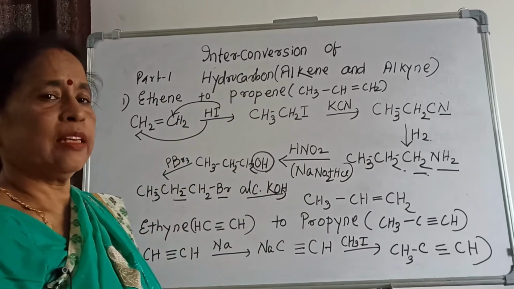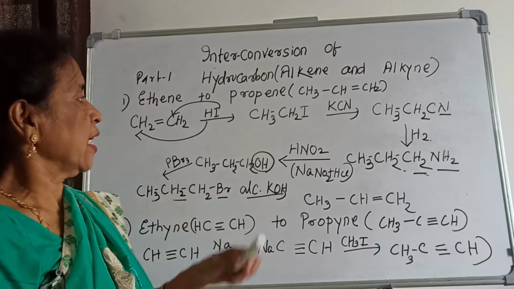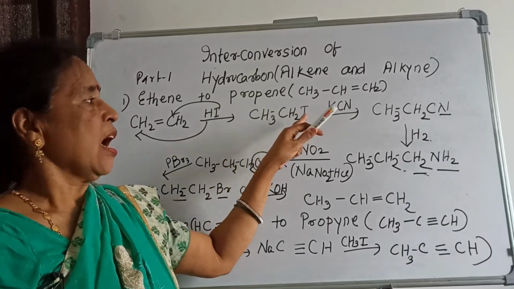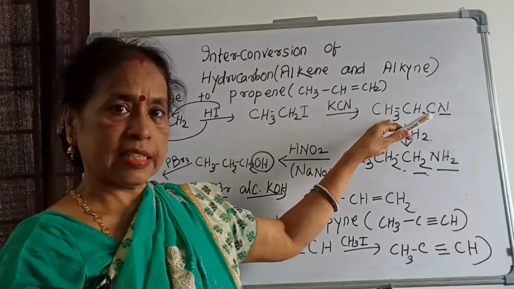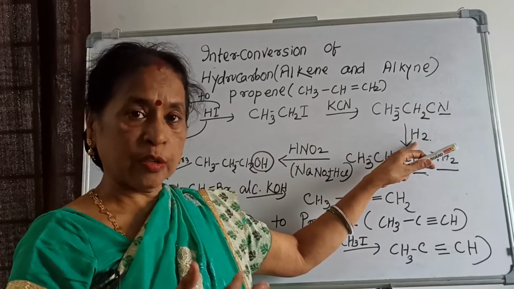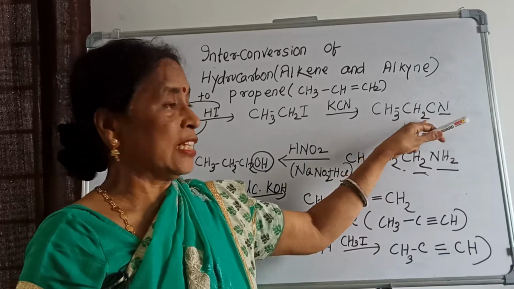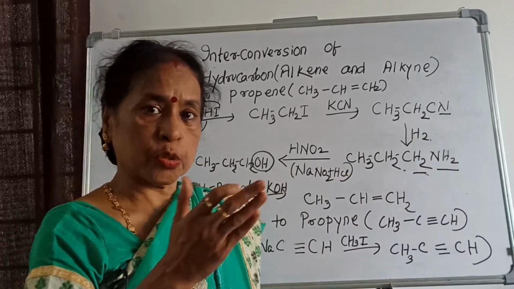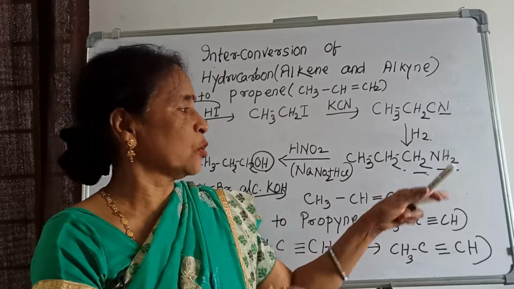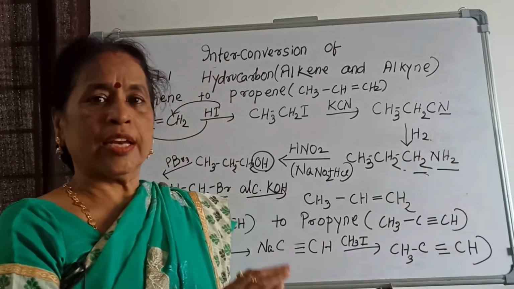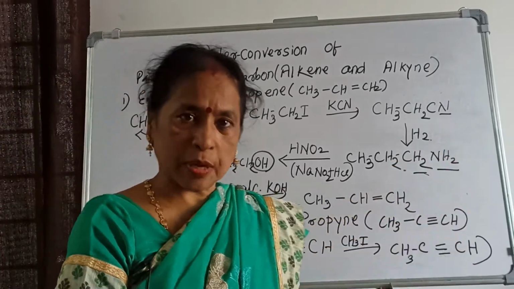Again see, it is very very important. You take ethene plus hydrogen iodide, it gives alkyl iodide, KCN gives alkyl cyanide, hydrogen means reduction: C changes to CH2, N changes to NH2. Now it indicates a primary amine.